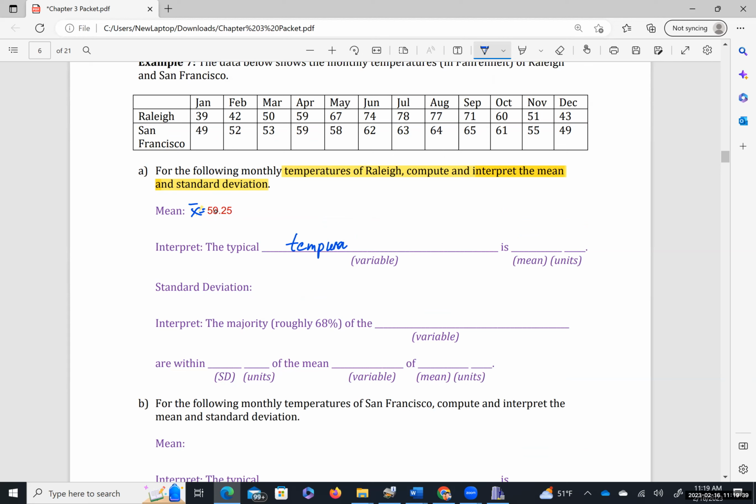Oh, man, I misspelled this. The mean of temperature in Raleigh is 59.25, in Fahrenheit, right?